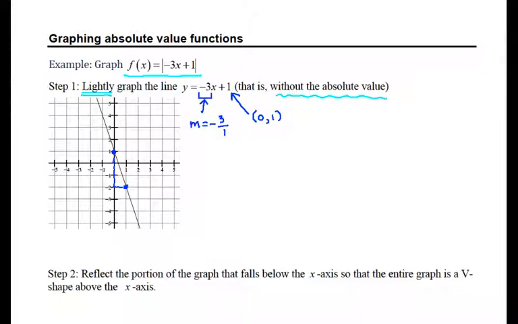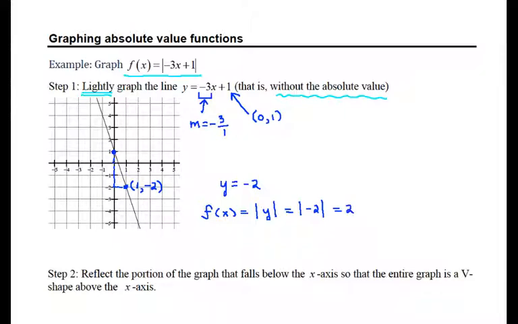Now, if we look at the graph we have and we think about what the absolute value does, for example, this point here is 1, negative 2. So that is saying that y is equal to negative 2. Well, f of x is the absolute value of y, and therefore f of x is the absolute value of negative 2, which is positive 2.